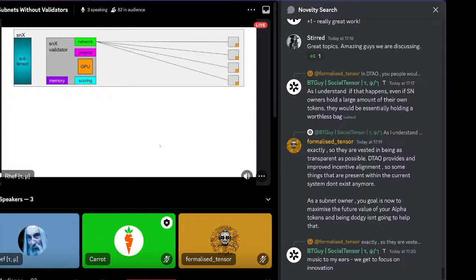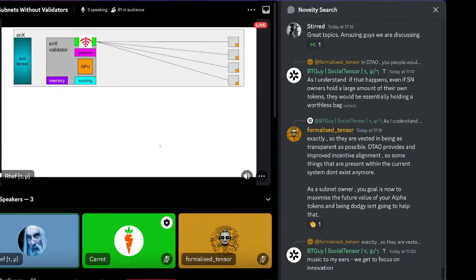Now, the network can be a problem. There are some subnets which already struggle with the amount of assets. If you have a few megabytes of an asset, let's say 5 megabytes, then on a gigabit network you can only get 200 of these per second. But if miners are rewarded by the amount of assets they can generate, they can overwhelm the validator with the assets that they're providing.